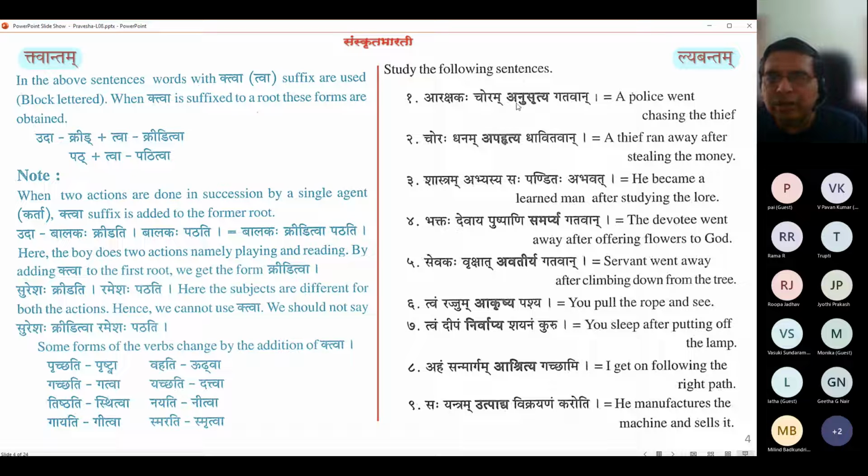Having followed the chora, the thief, he went. Now this active verb is actually in kridanta form, the tavatu kridanta, gatavan.